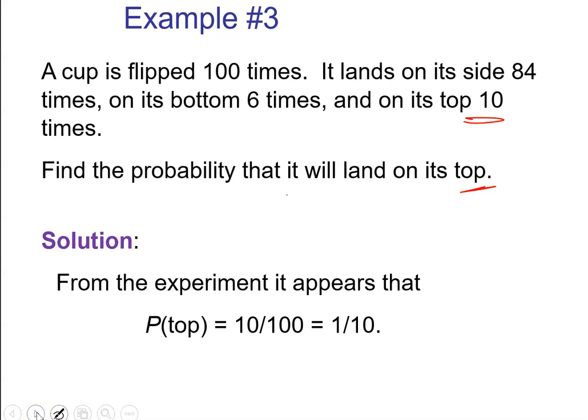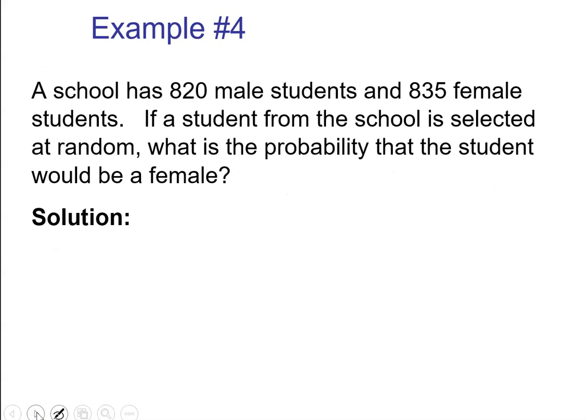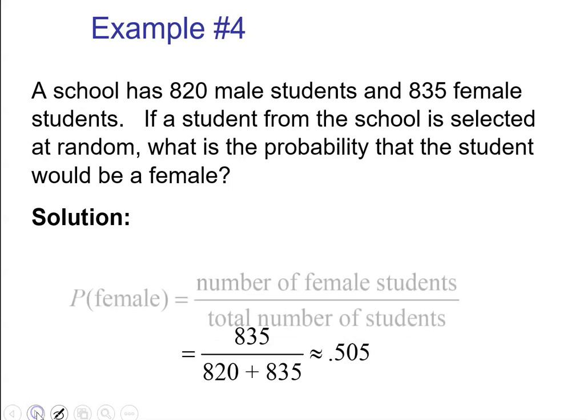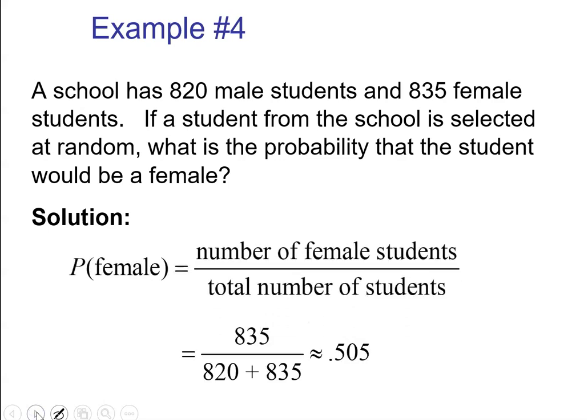Another example. The school has 820 male students and 835 female students. If a student from the school is selected at random, what is the probability that the student would be female? Okay, try this one. Push play when you're done, and then we can go over the answer and check it. All right, so hopefully you saw we're looking for the total number of female students over the total number of students.